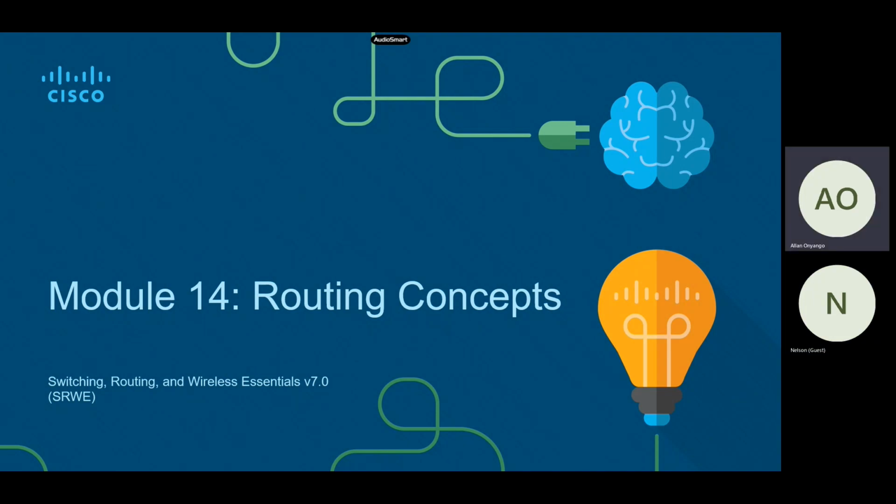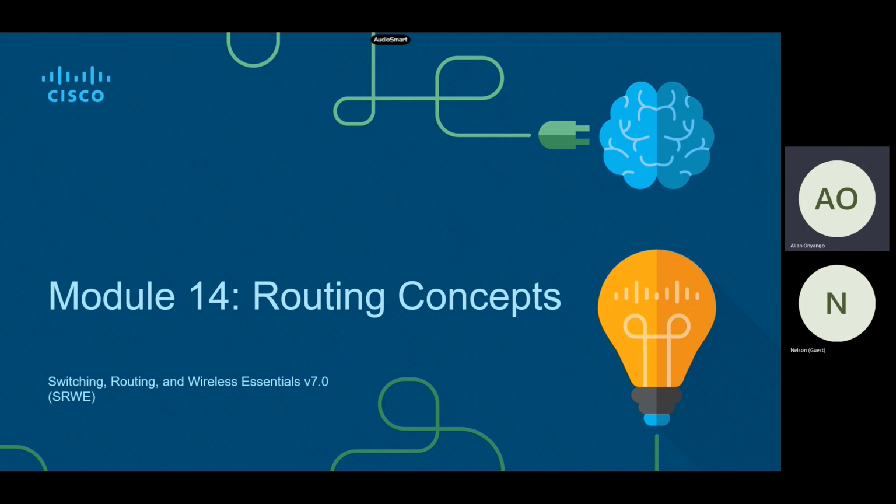All right. So we want to introduce a very important concept in networking. So far we have been talking so much about switching. We talked about wireless networks, and we did some configurations for the switch, and we did as well for the wireless networks.